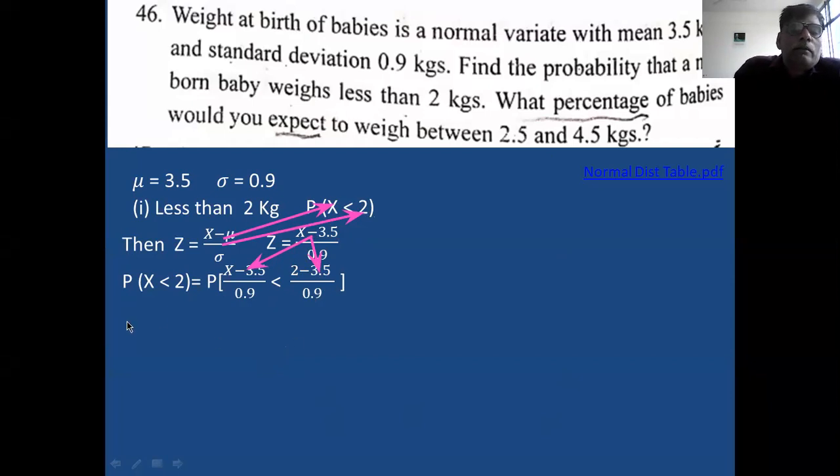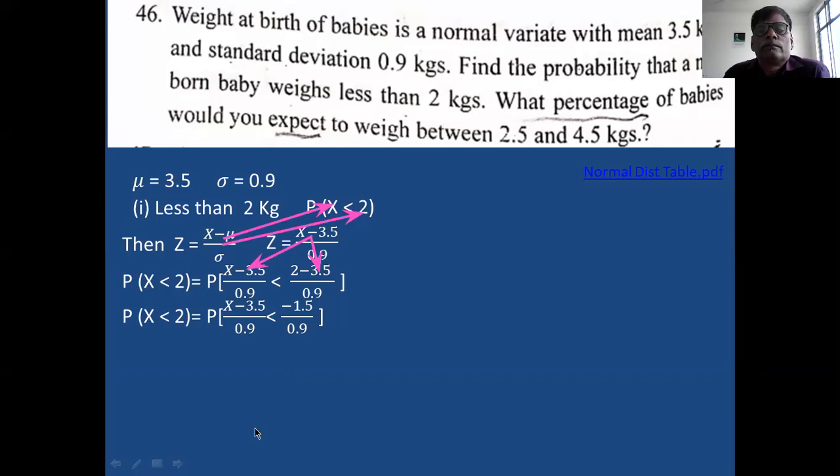Next step, probability of X less than 2 is equal to probability of (X minus 3.5) divided by 0.9 being smaller than (2 minus 3.5) divided by 0.9. 2 minus 3.5 is equal to minus 1.5, divided by 0.9.